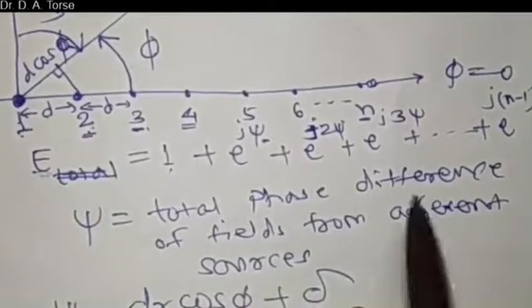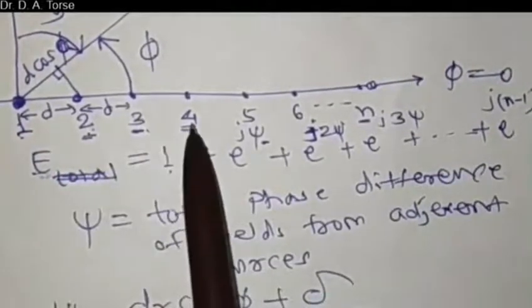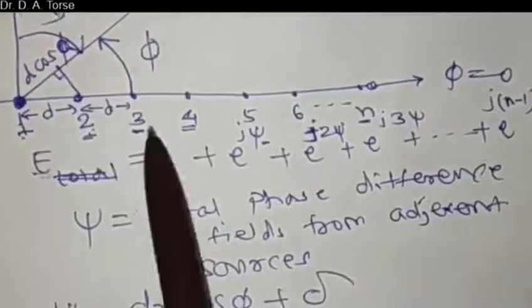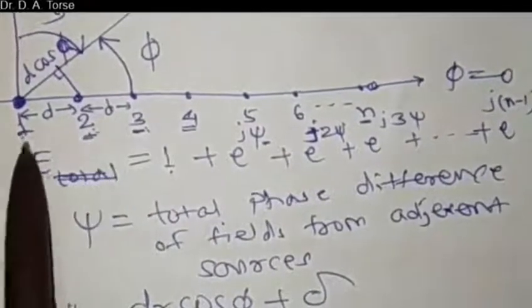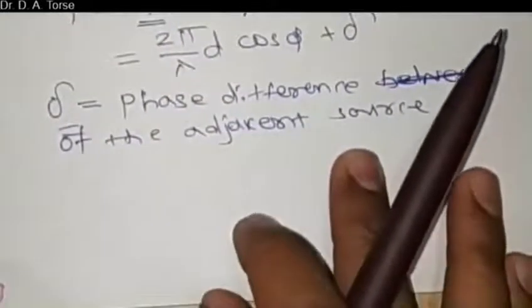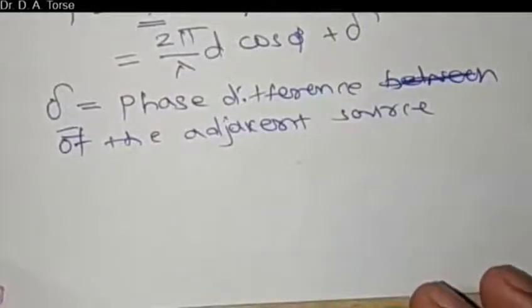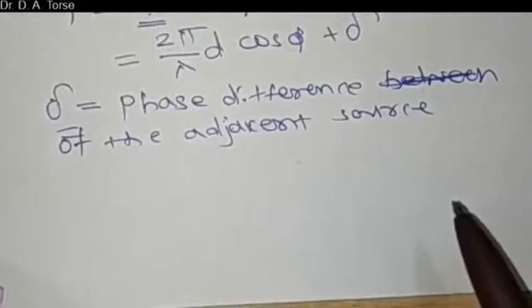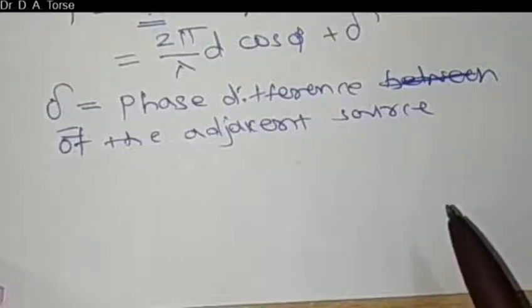Whereas psi is the total phase difference, that is phase difference of 4 with respect to 1, 3 with respect to 1, 2 with respect to 1. So 1 is at the center at which we are referring to the phase, and delta is representing the phase difference of adjacent sources. So that's the difference between psi and delta. Psi is total phase, delta is the phase difference of adjacent sources only.